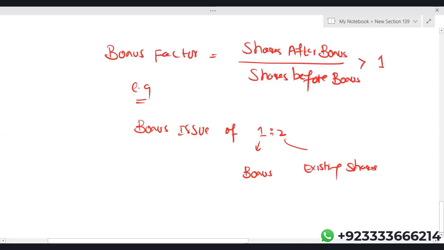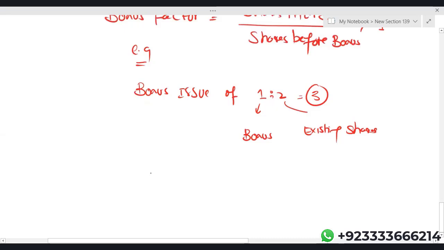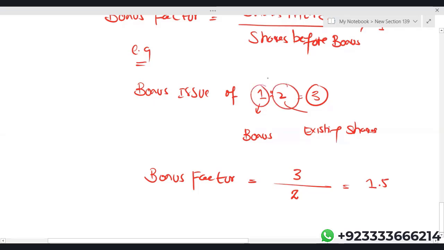It means that after bonus, every 2 shares will become 3. So your bonus factor, or adjustment factor, is shares after bonus, which is 3, and shares before bonus, which is 2. So that is 1.5. The first number is bonus, and the second is representing the existing shares. So your bonus factor is 3/2. You can see that mathematically it results in 1.5, meaning more than 1.